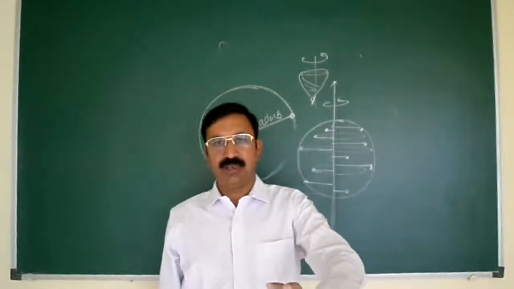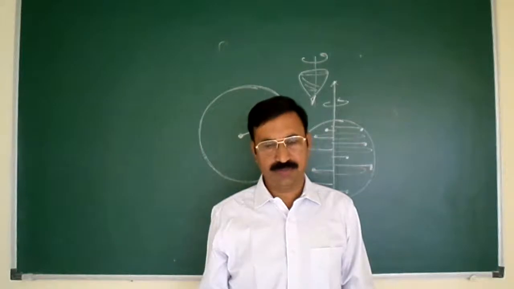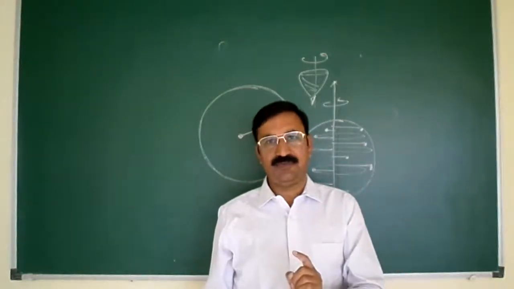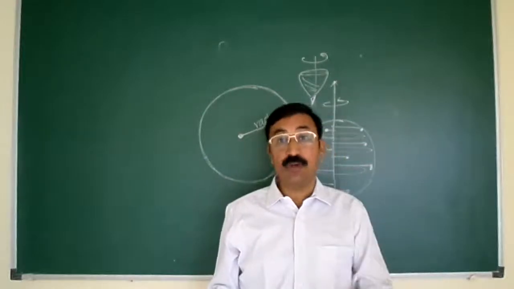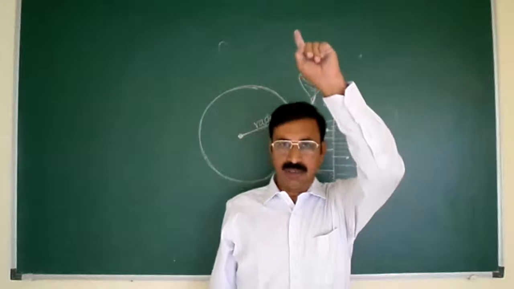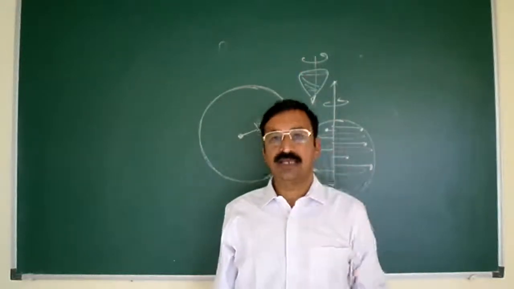For example, as we all are situated on the surface of the earth, when earth spins around itself, we all perform circular motion about the axis passing through the center of the earth.